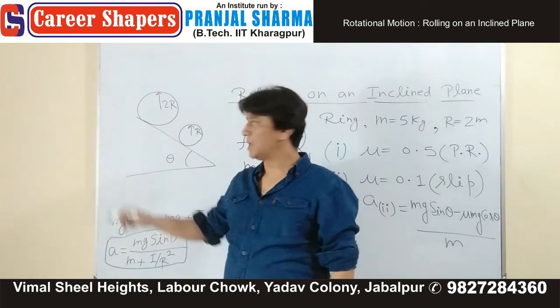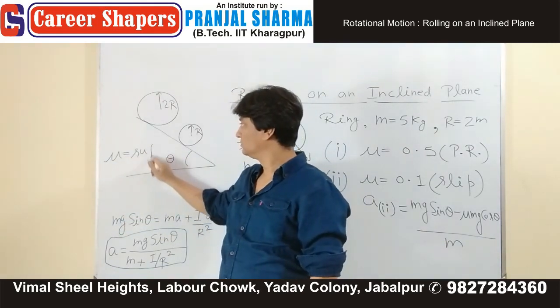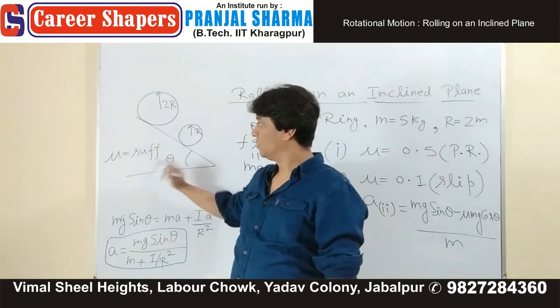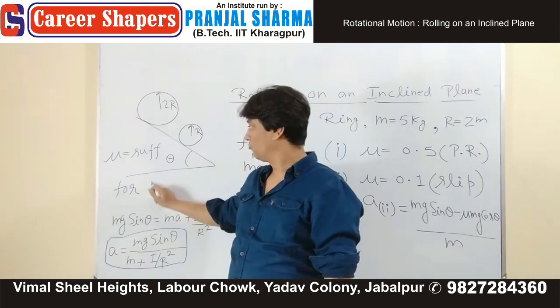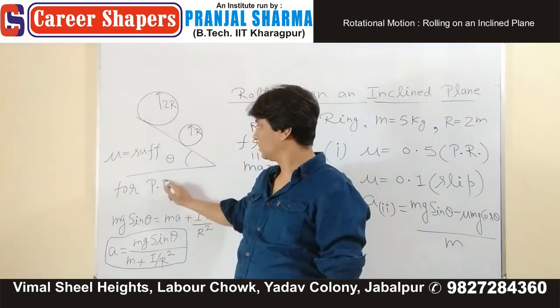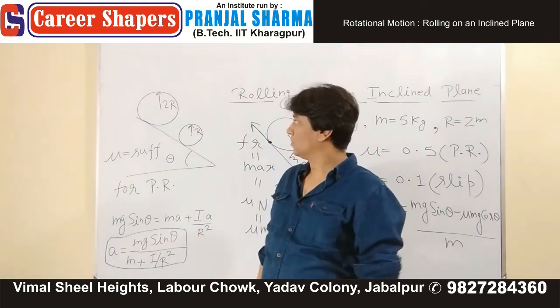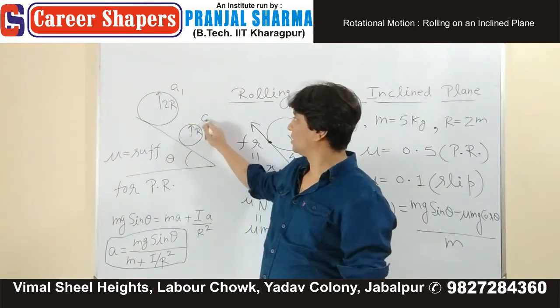And it is given that mu is sufficient for pure rolling. Then you need to find the ratio of their accelerations.